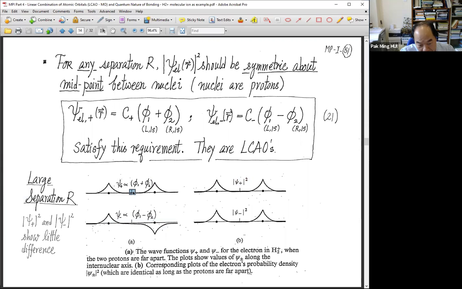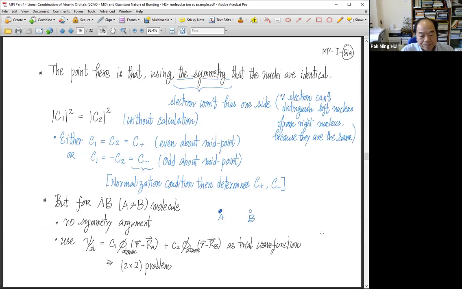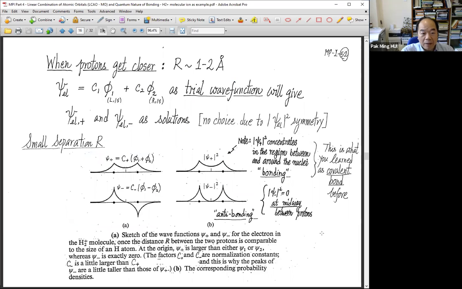So you add them, you subtract them. So this is flipped to negative. The wave function is like that. You square it, more or less no difference. This is the case for large separation. Okay? I will tell you what it means in a while.